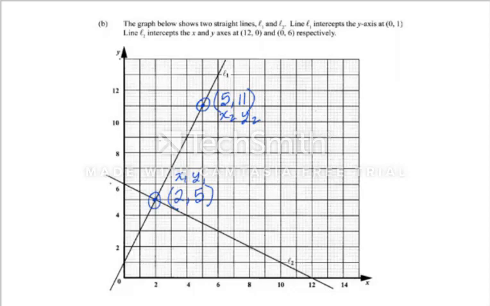Here's a point. This point is on L2, and this is the point (8, 2). So I'm going to call this x2, y2.